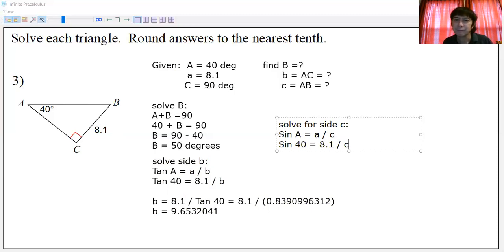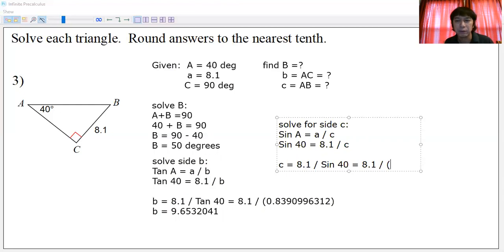After algebra, small c is equal to 8.1 divided by sine 40. I hope you know how to manipulate those parts of the equation.